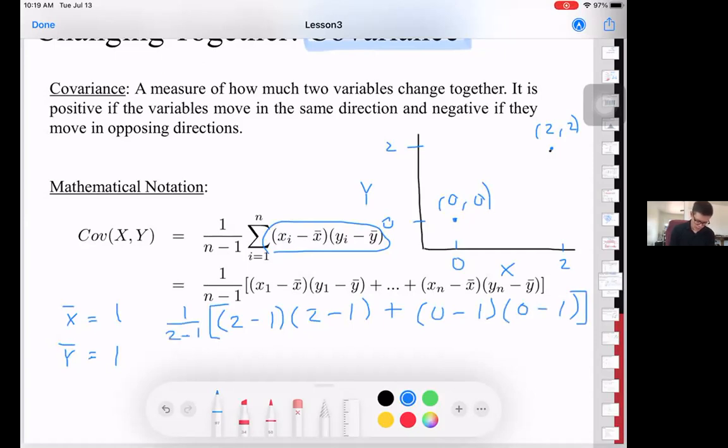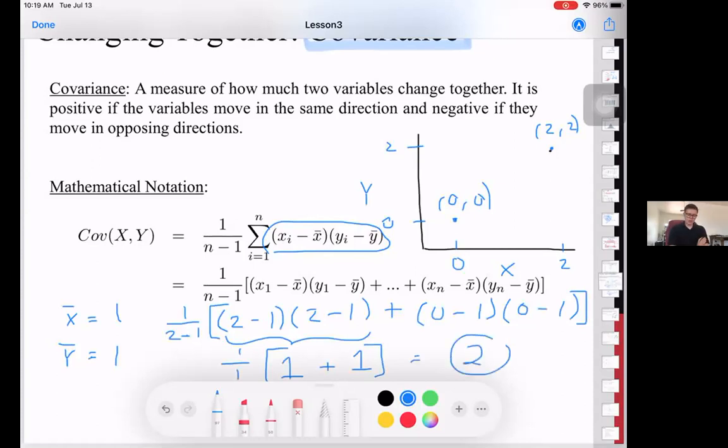So here we have 1 times 1, which is just 1, plus 0 minus 1 is negative 1, and 0 minus 1 is negative 1. So we actually have 1 plus 1, all times 1 over 1. So we're going to get 2.